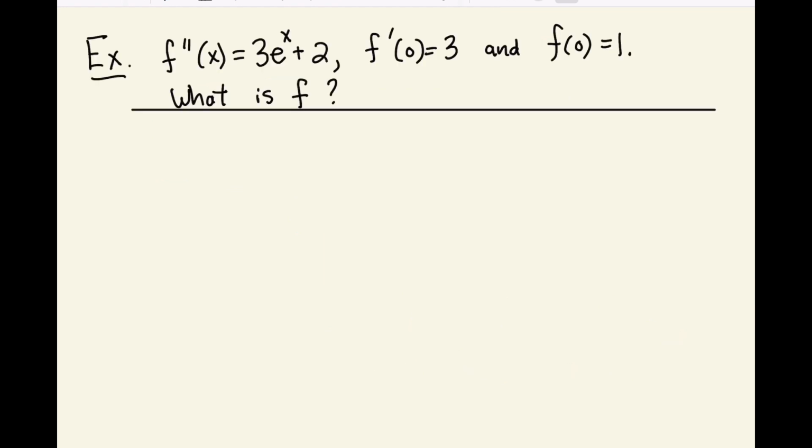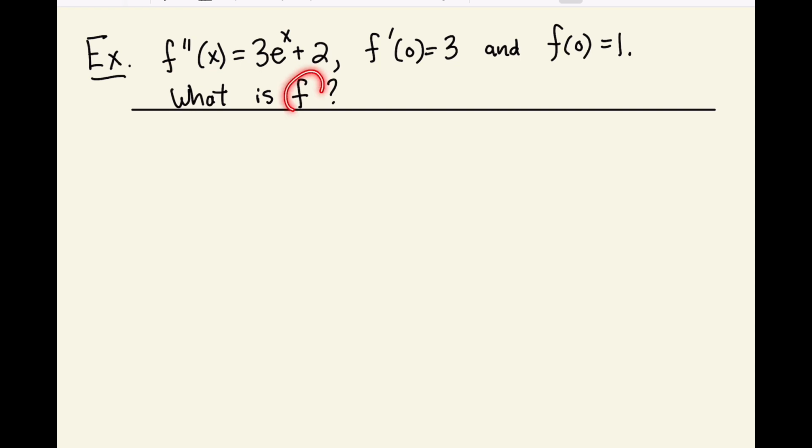So here is another example where I am told that the second derivative of f is equal to 3e to the x plus 2. The first derivative evaluated at 0 is 3, and f of 0 is equal to 1. So I'm given f of 0, I'm given f prime of 0, and then I'm given the second derivative of the function.